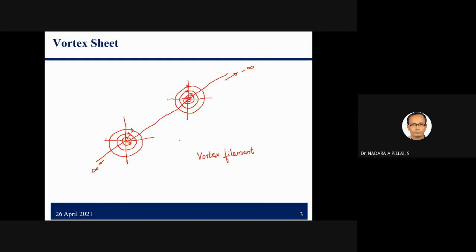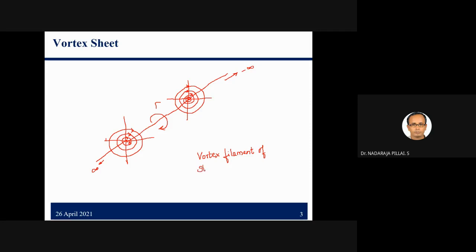Individually the vortex has a strength, and the total strength, I say, is gamma. So this straight vortex filament of strength gamma is the point.